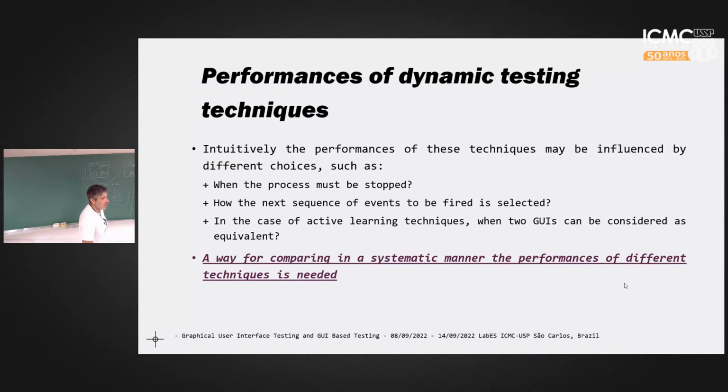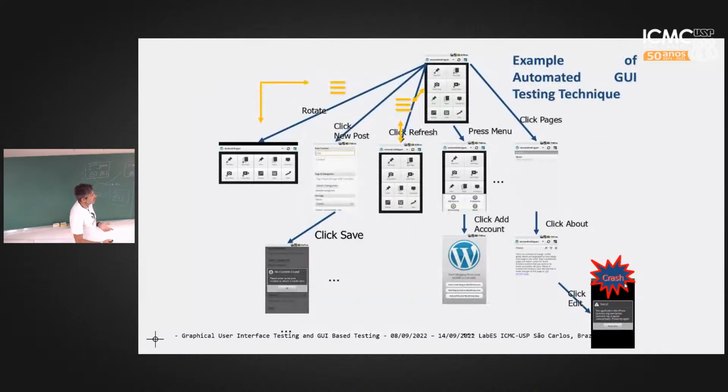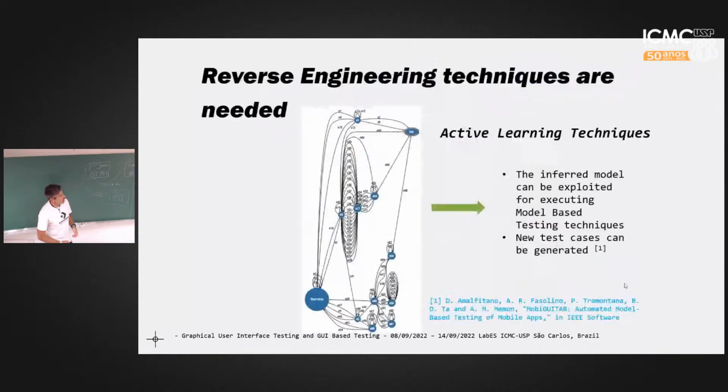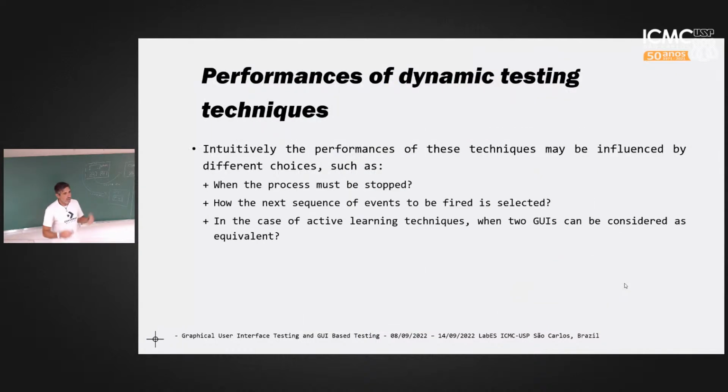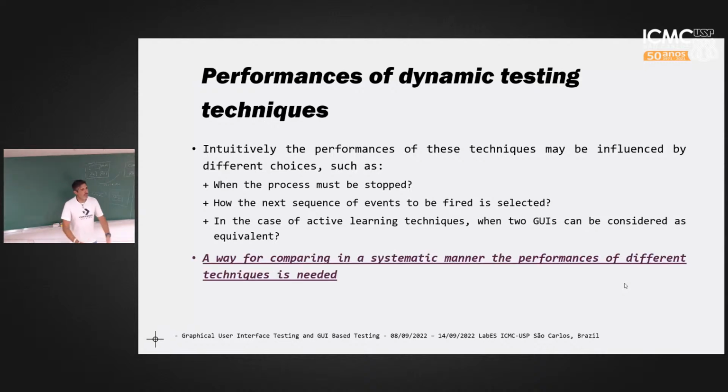Another story: when I implemented this tool, that is Android Ripper, I had a lot of citations. It was a good paper. And I observed that at a given time in my research, after 3 years, many dynamic testing techniques on Android were presented.